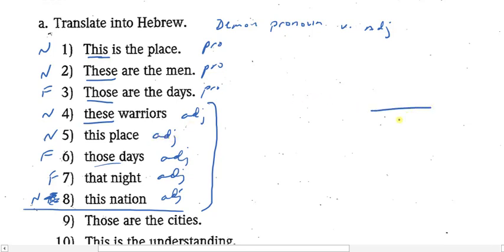So I'm going to have noun first, followed by the adjective, because these demonstrative adjectives are always attributive in function. Which warriors? These warriors. I'm not saying what are the warriors or what the warriors are. I'm just saying which ones, and I'm going to say something about those warriors.